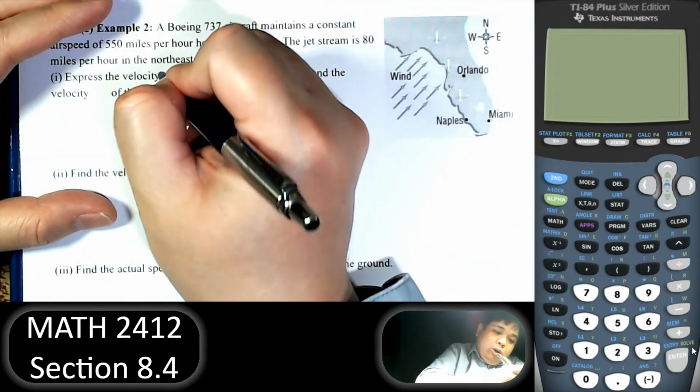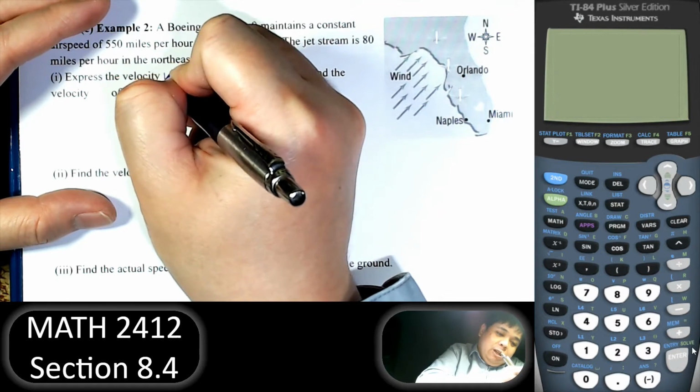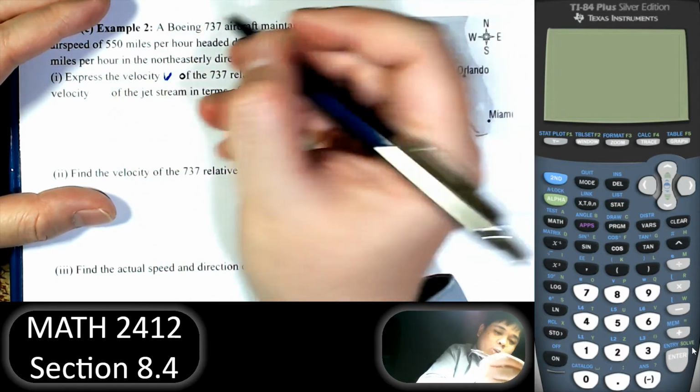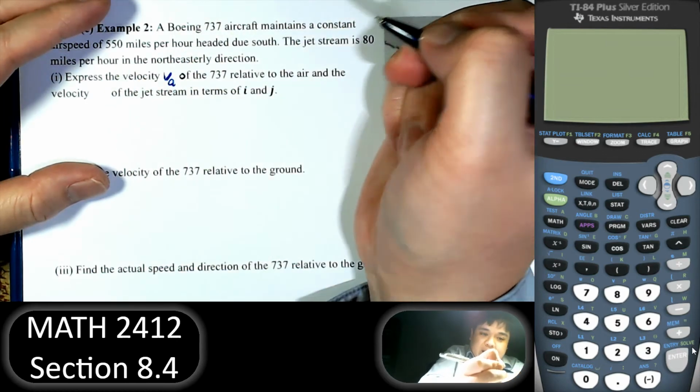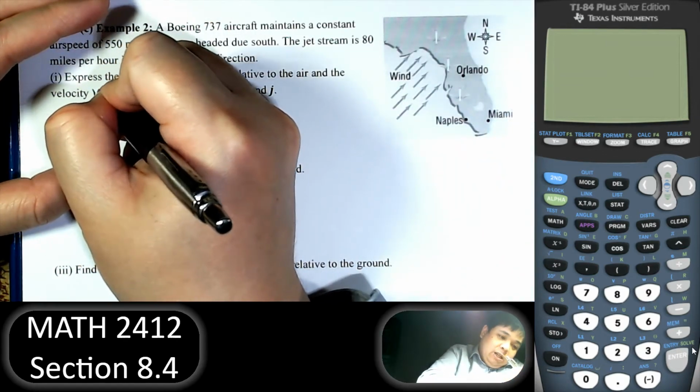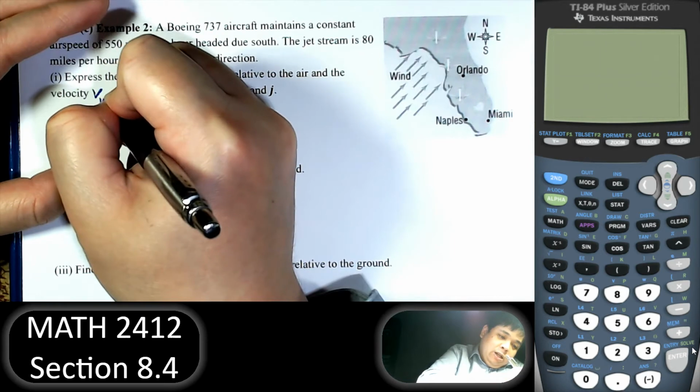Right, so what we have is the velocity relative to the air and the velocity of the wind.